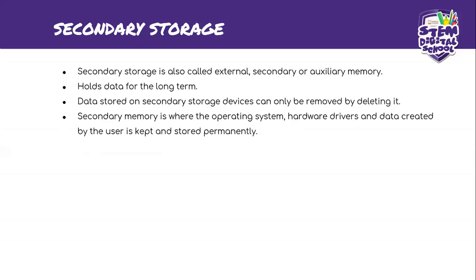If your computer is shut down, the data is still saved. Shut down your computer and then later on turn your computer on, start working on the same data. This data will be saved on your computer, in your drives. This is the secondary storage.